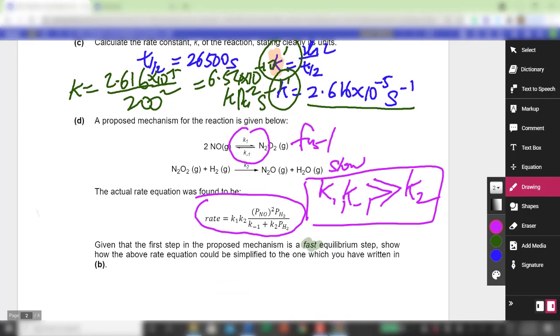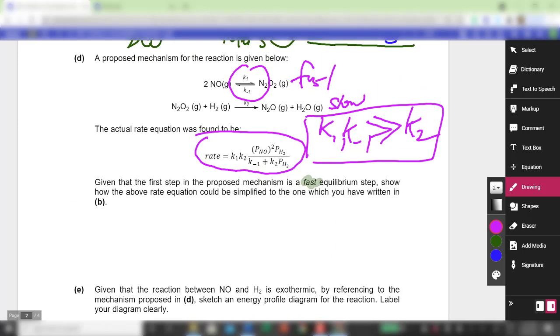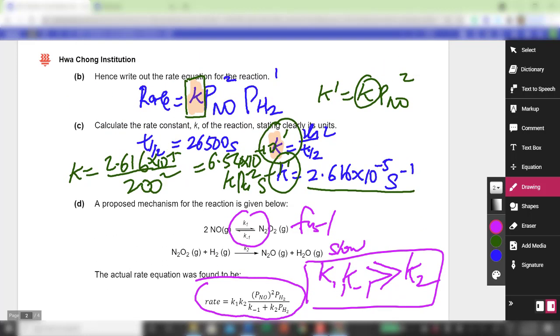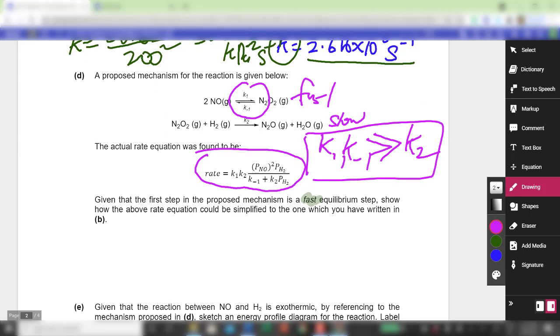But that aside, the question forces me to get to the rate equation I've written for part B. So what I should probably do here is, if these two values are way greater than k2, can I then look at the denominator and conclude that k minus 1 could be way bigger than k2 times the partial pressure of H2?